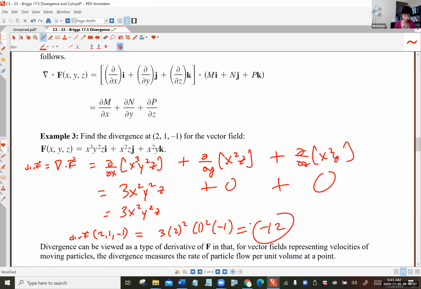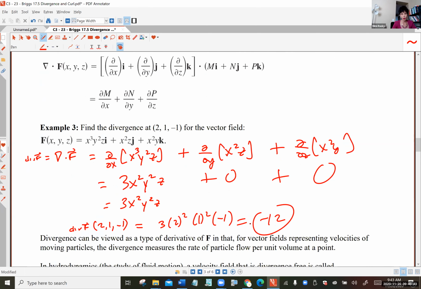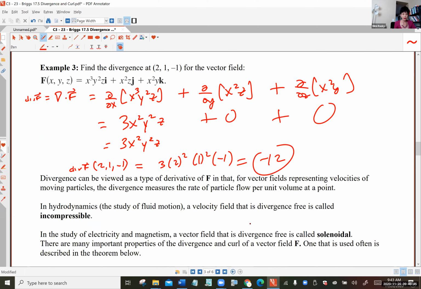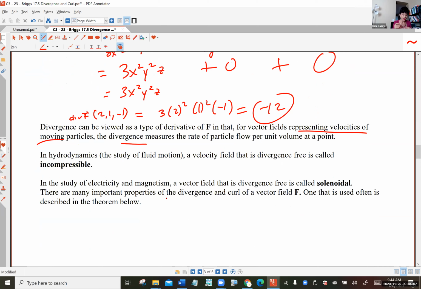And there's your answer. So what the heck is divergence and who cares about it? What does it have to do with the real world? It's a type of derivative that represents velocities of moving particles. What it does is it measures the rate of particle flow per unit volume at a point. So it's basically measuring how much flow at a point is happening. If you've got a lot of particles moving through a point, you're going to have a high divergence.